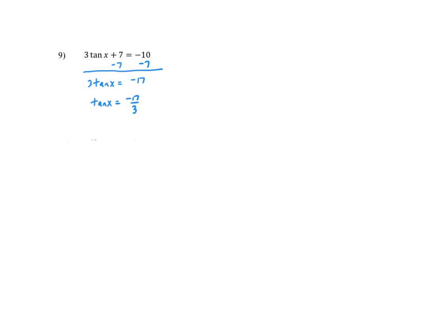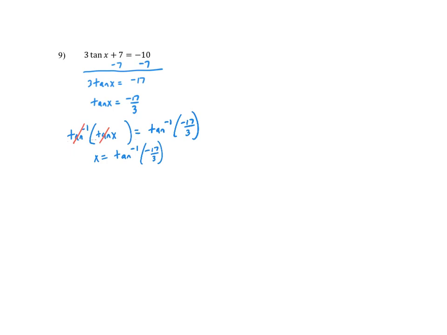The unit circle is not helpful here, so we have to take the inverse tangent of both sides. We'll get the inverse tangent of the tangent of x is equal to the inverse tangent of negative 17 thirds. Inverse tangent and tangent cancel. X is equal to the inverse tangent of negative 17 thirds.